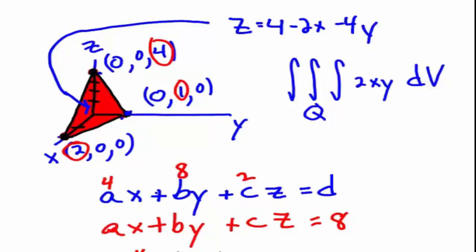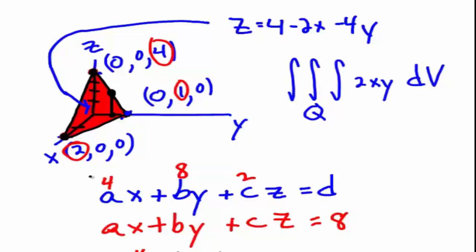And so to get the inner limits of integration, put in a vertical column. We're integrating with respect to z first, from the xy plane up to the plane in red, and the bottom of that column gives you the lower limit of integration, the top of that column gives you the upper limit. So the inner limits of integration go from 0 to 4 - 2x - 4y.